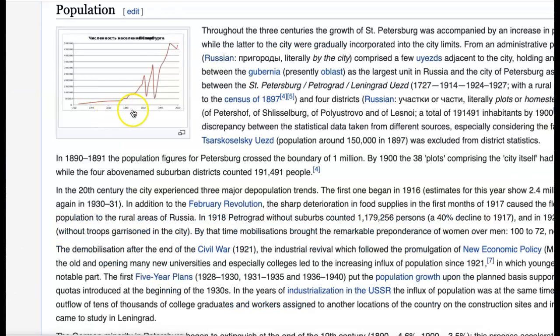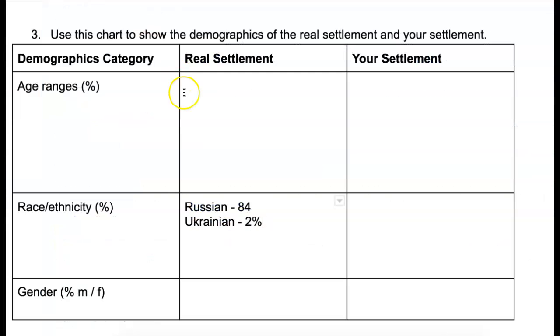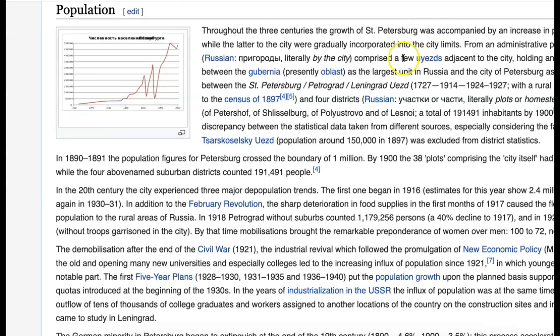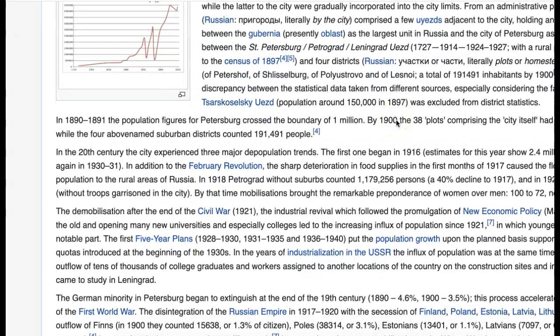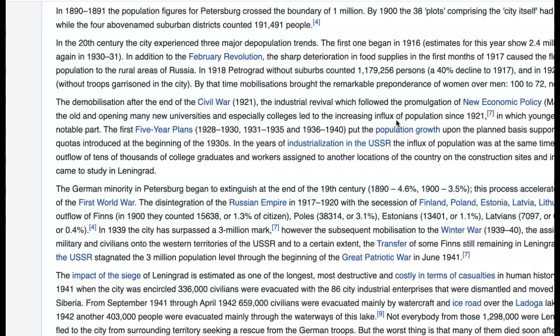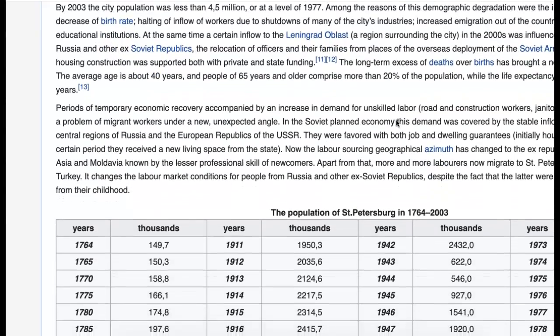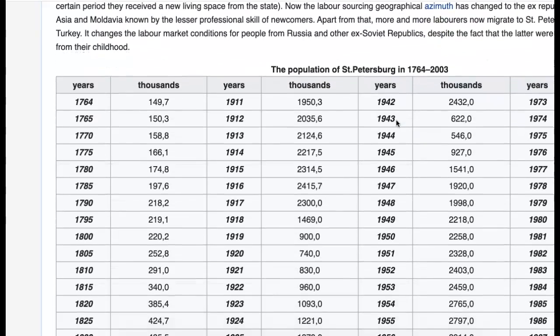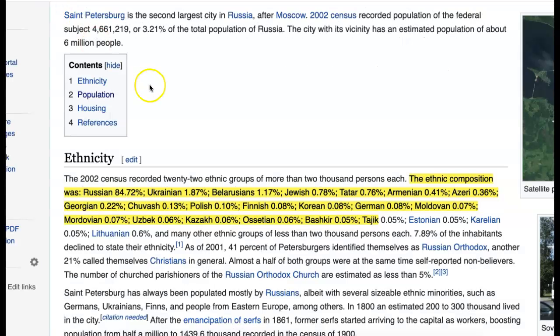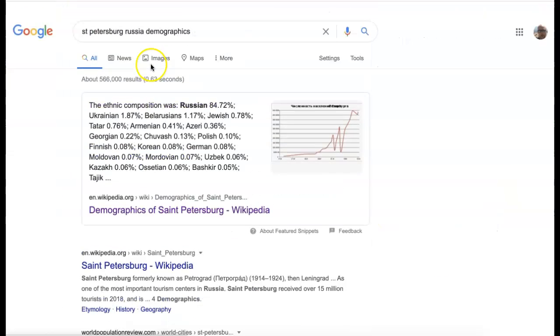Here's another part, and that is population. So on here, we're trying to find out what the ages of the people of this town are. So right here, it's tough to tell based on some of these statistics. There's usually better things that are laid out a little bit more clearly that help you to find the age range of your place.